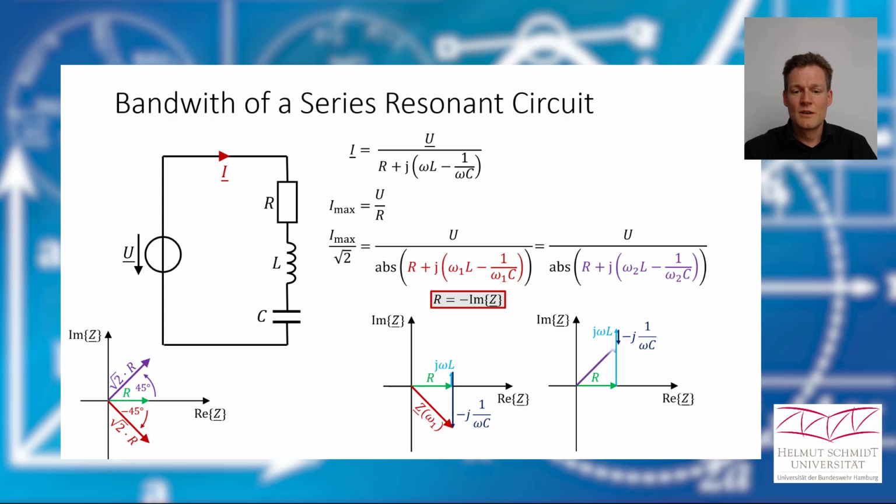And therefore you see we can find values that give this positive phase angle. And here our resistor value has to be the positive imaginary part.